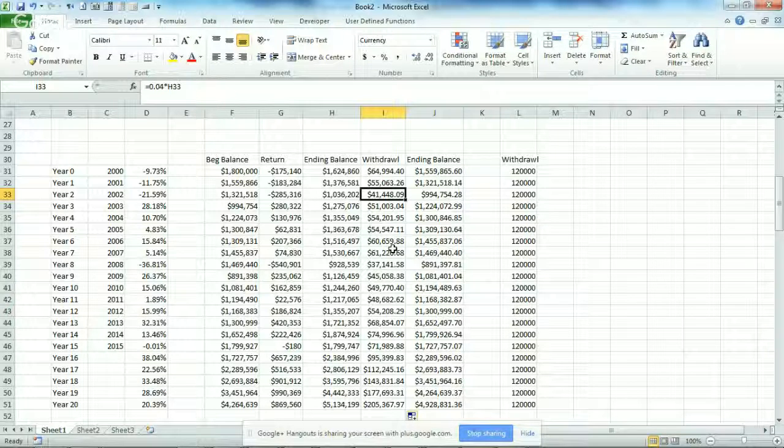In that case, if you can live on $4,000 a month, then this is great, because with that 4% you won't run out of money unless we see a prolonged bear market.